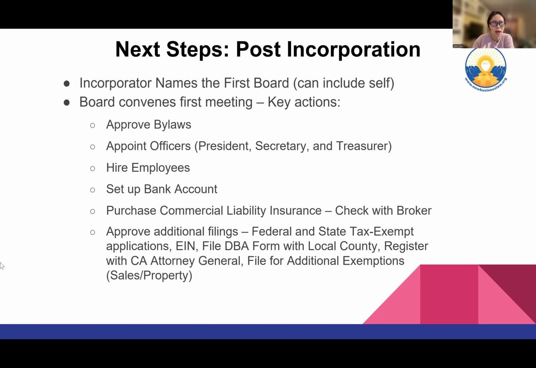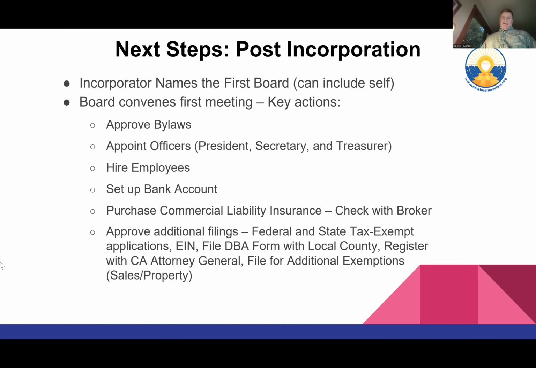And we also have a sample bylaws and a first meeting agenda handout for your reference in the Google Drive we shared in the chat. Great, great. And then there's a few extra filings to think about. Usually you want to get commercial liability insurance that will cover any damage that the organization might cause in some fashion.